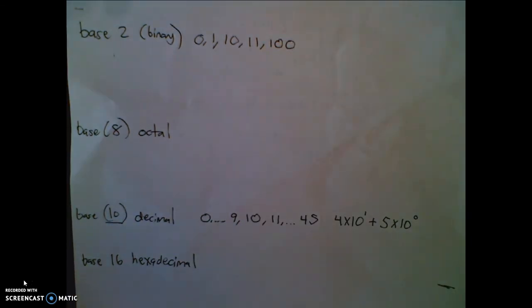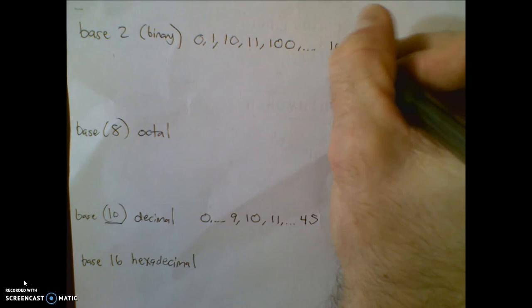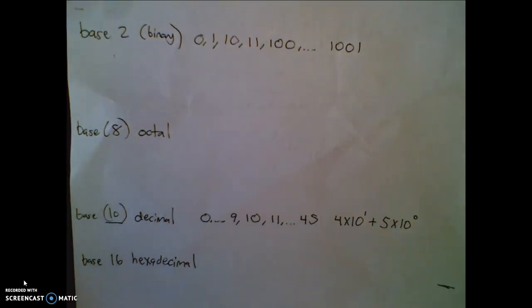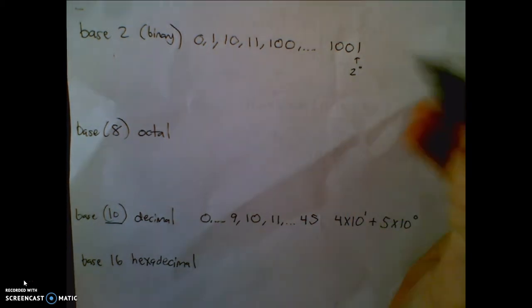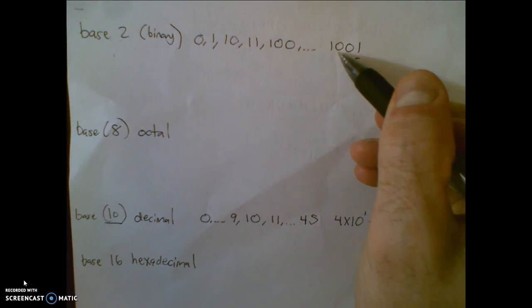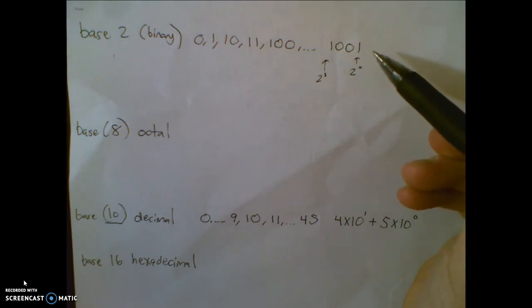So if you had, way down the line here, let's say 1, 0, 0, 1, then this is the ones place, which would be 2 to the 0. This is 2 to the first, 2 to the second, 2 to the third, which, 1, 0, 0, 0 would be 8.